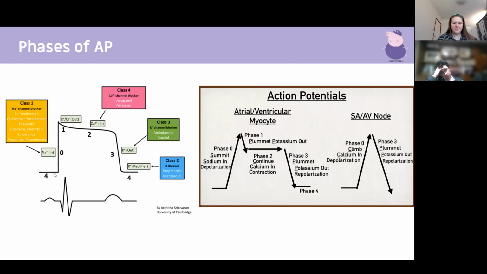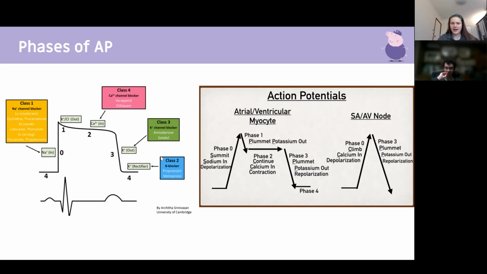So this is known as phase 4, phase 0, when sodium influx comes in, phase 1 and phase 2, when a little bit of potassium and chloride come out, not too much, but a little bit. And then some calcium comes in, and then a now much bigger efflux of potassium leaves the cell, and then it stabilizes down here. And these are where your main drugs work.